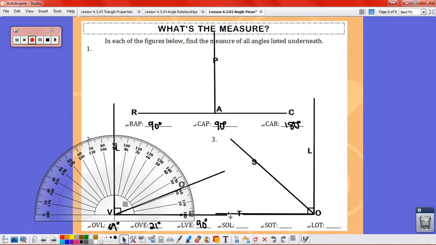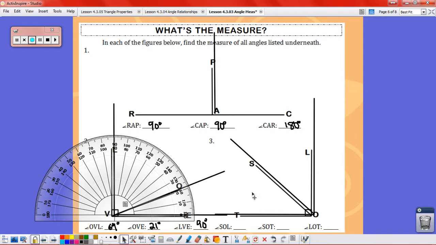Oh Lord, this is interesting to try and line up. Okay. Oof.